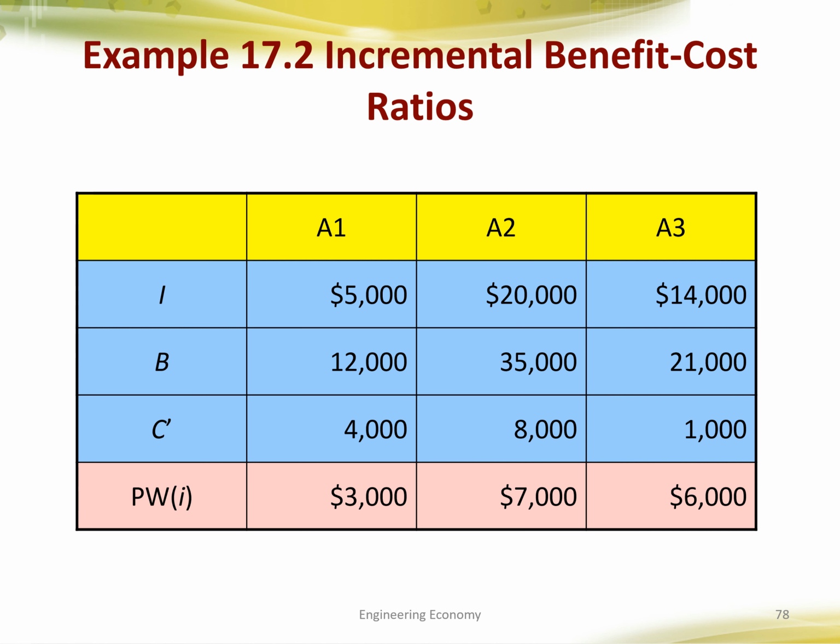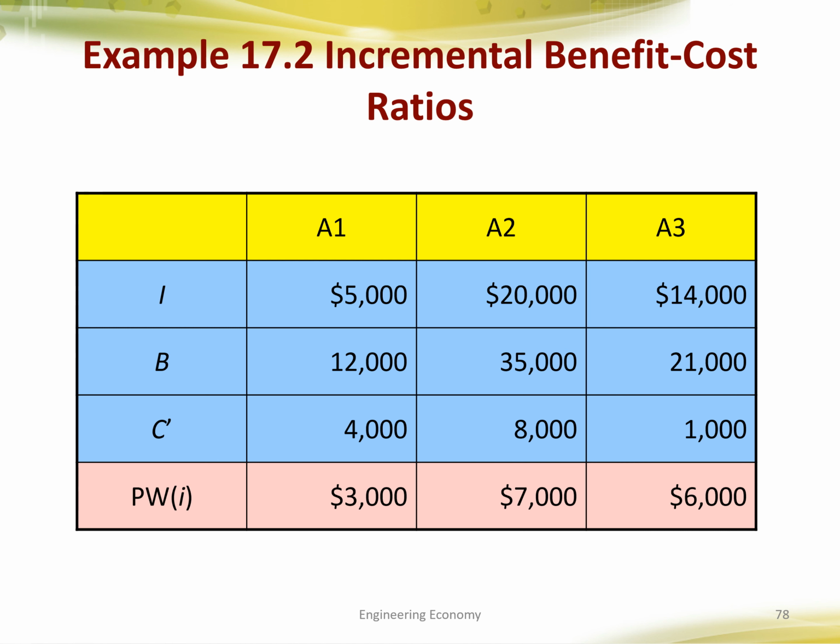However, if we are not using present worth, and we are using benefit cost analysis, what we need to do is take two alternatives and compare them using incremental benefit cost analysis, see which one we are going to choose, take the winner and compare with the third one, and again compute this incremental benefit cost analysis and see who wins out, and that alternative which wins will be selected.